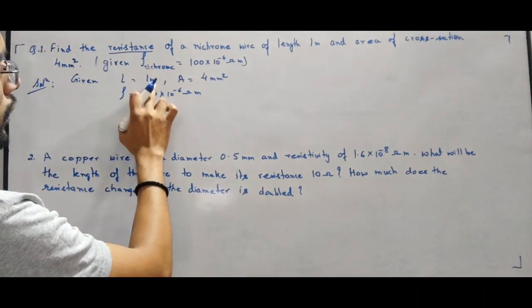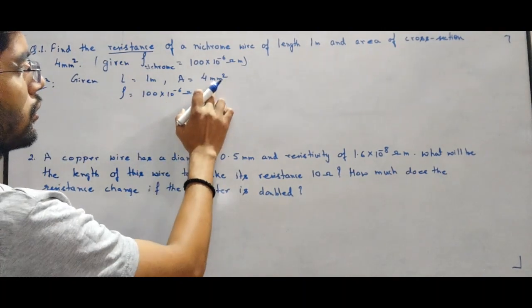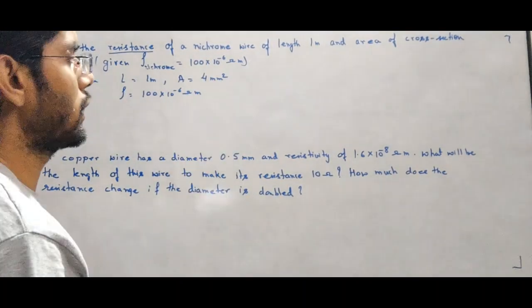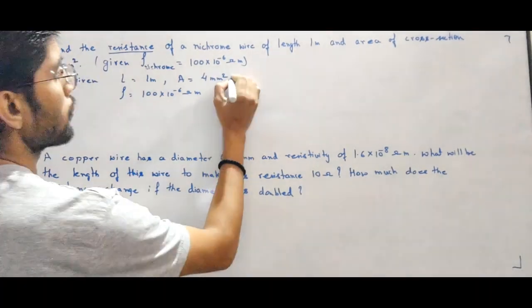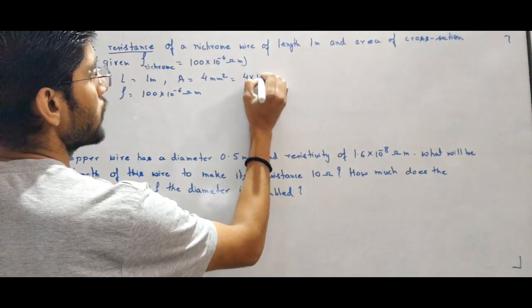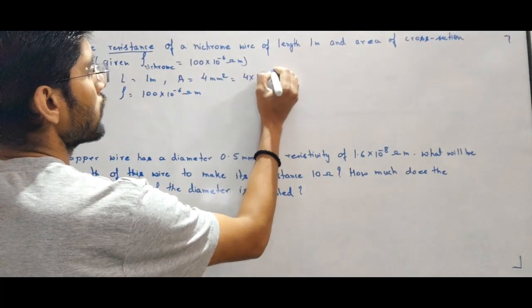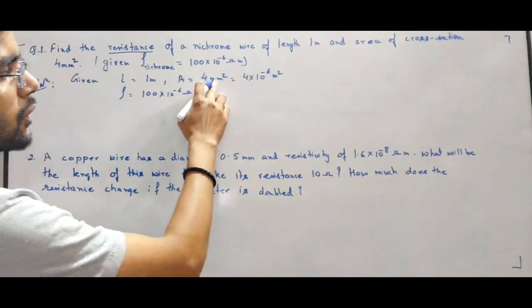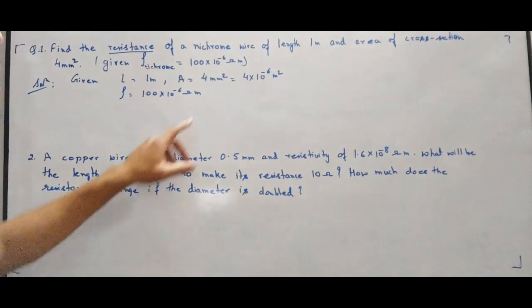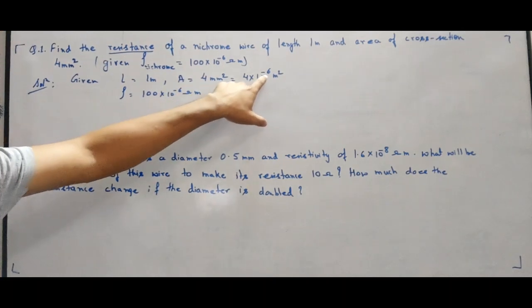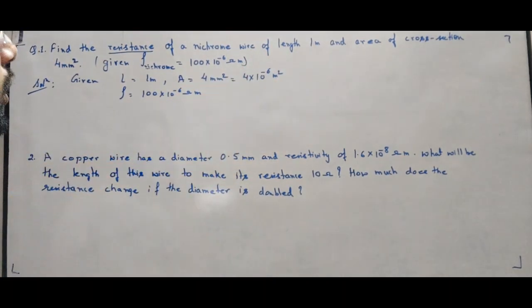So are these its standard units or not? Yes, so these are standard units. See, this is not. So we will convert it into the standard unit. So this will become 4 into 10 to the power minus 6 meter square, because 1 mm is equal to 10 to the power minus 3 meter. So 4 mm square means 4 into 10 to the power minus 6 meter square.